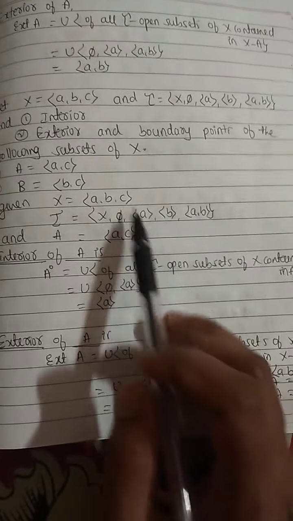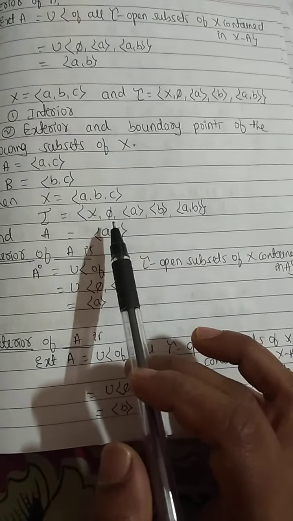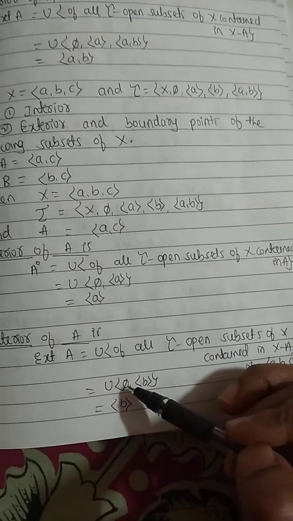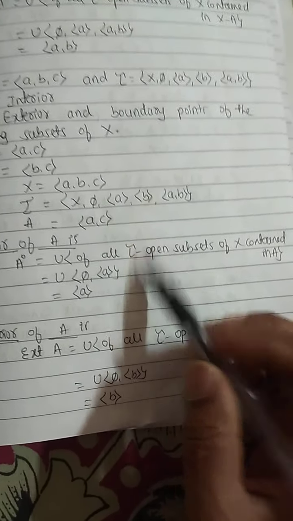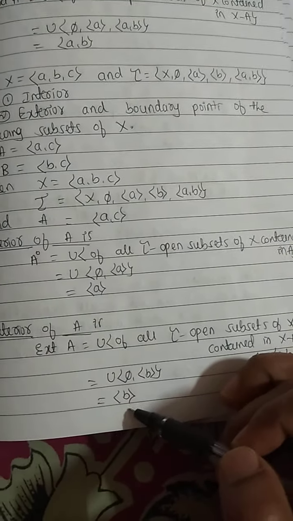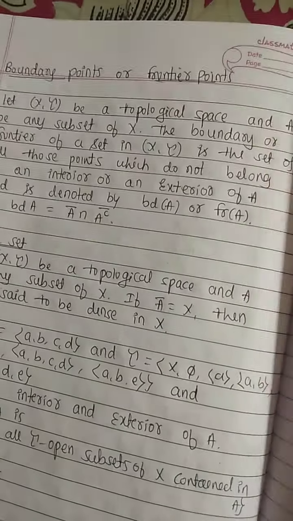X minus A is nothing but {b}. Here, the tau open subsets contained in {b}: phi is an open subset of {b}. {a} is not a subset of {b}. {b} is a subset of {b}. Their union is {b}.